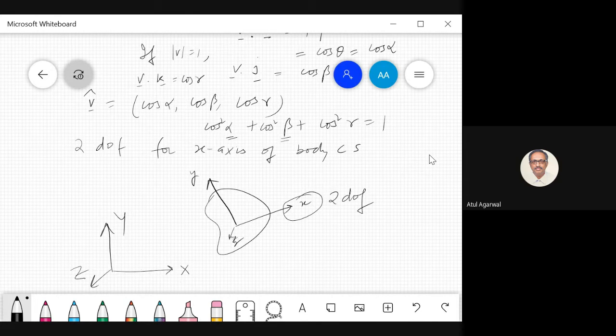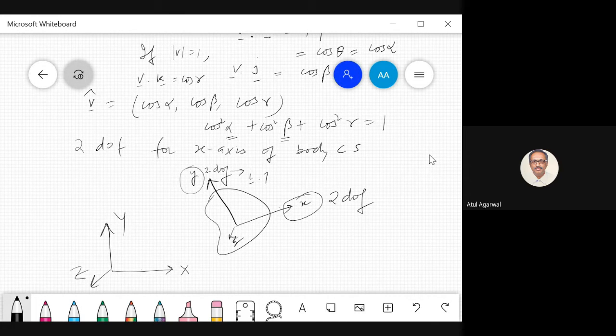Then you need the y-axis. It is perpendicular to this. If you take a plane perpendicular to this x-axis, your y-axis will be any line in that plane. So you have a restriction on this y-axis that it has to be perpendicular to the x-axis. The y-axis can again be arbitrarily defined by 2 degrees of freedom, but it has a constraint that it is perpendicular to the x-axis.